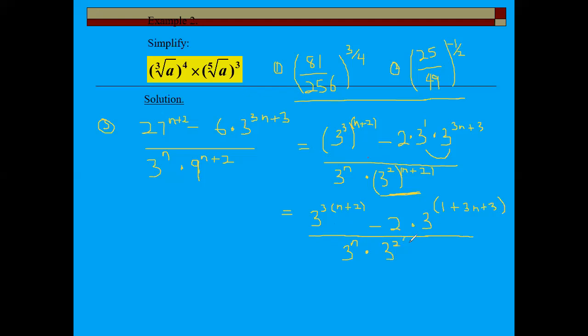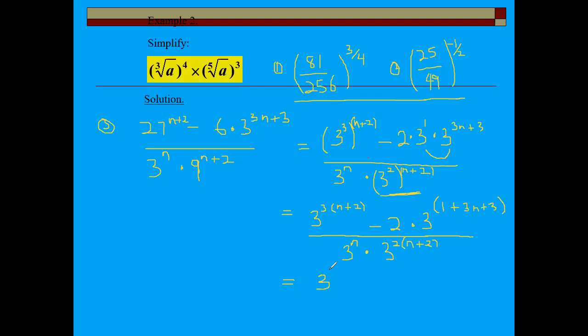Let's take it systematically. So we know it will be multiplying, so 2 times n plus 2. After which we'll begin to expand.